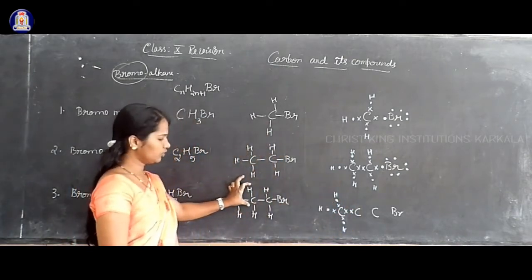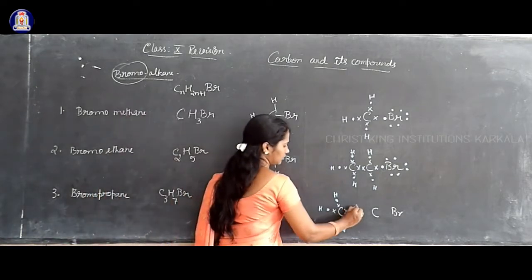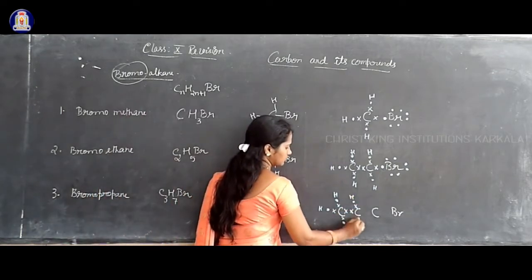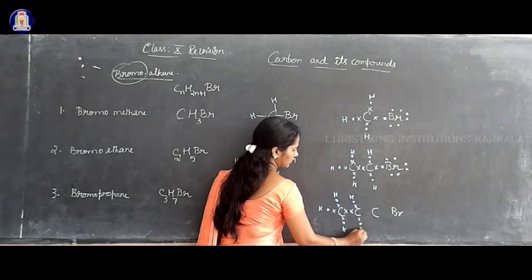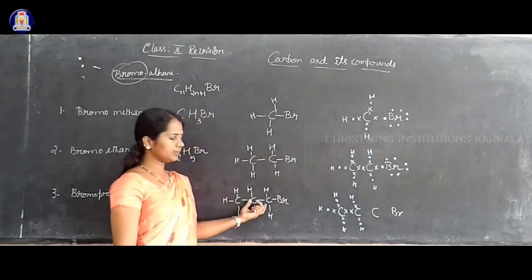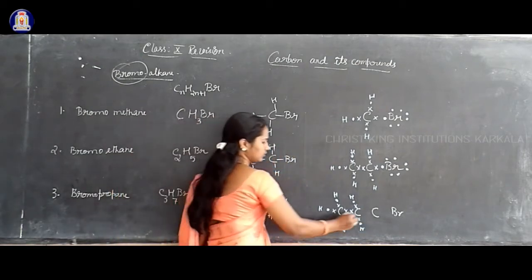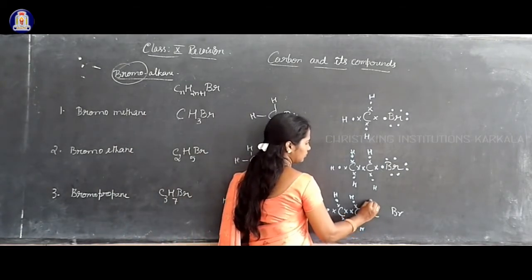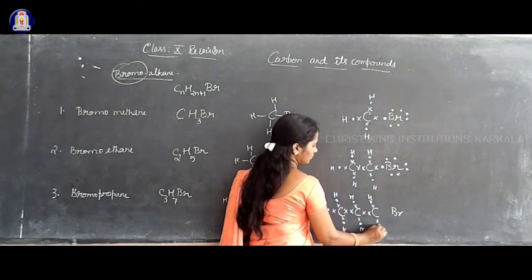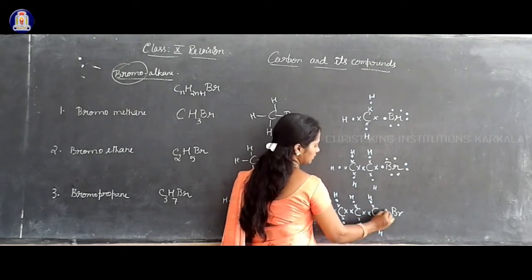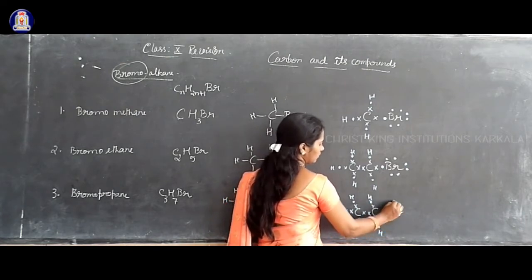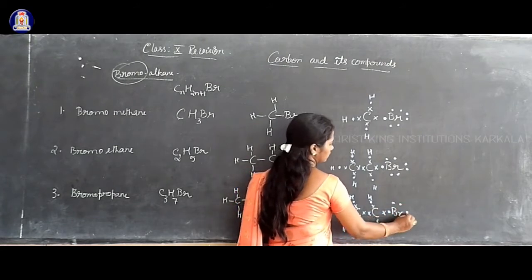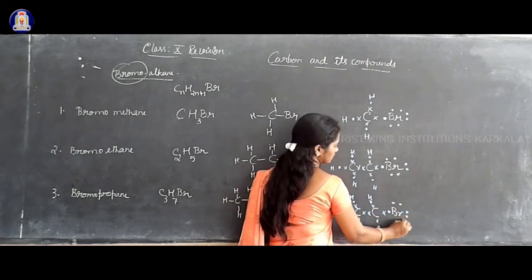Here 2 hydrogens, dot H, dot H. Between carbon again single bond. Now the last carbon, dot H, dot H here, 1, 2, 3, 4, 5, 6.